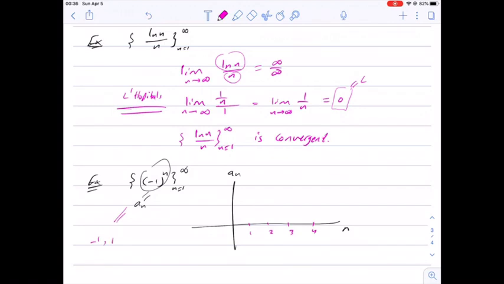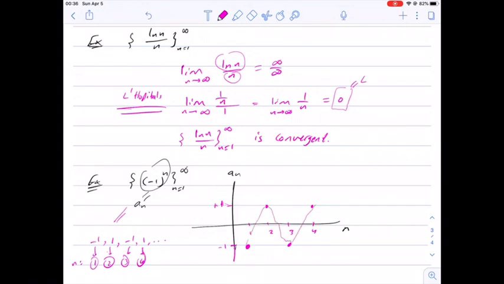We have -1 when n equals 1, 1 when n is 2, -1, 1, and so on. So it's an alternating sequence. Let's say this is -1 and this is +1. When n equals 1, we get -1. When n equals 2, we get 1. When n equals 3, we get -1. And when n equals 4, +1, and so on.